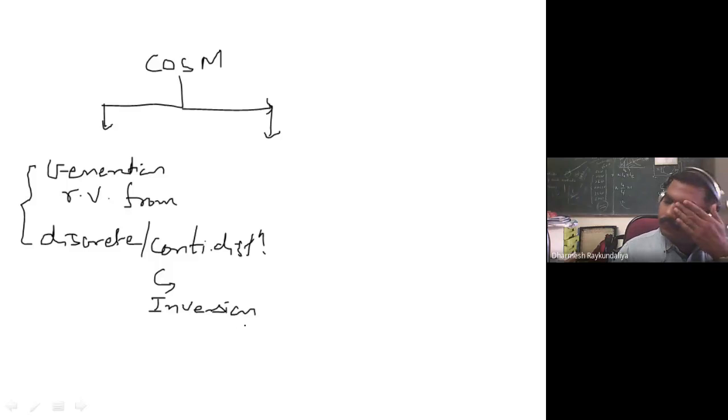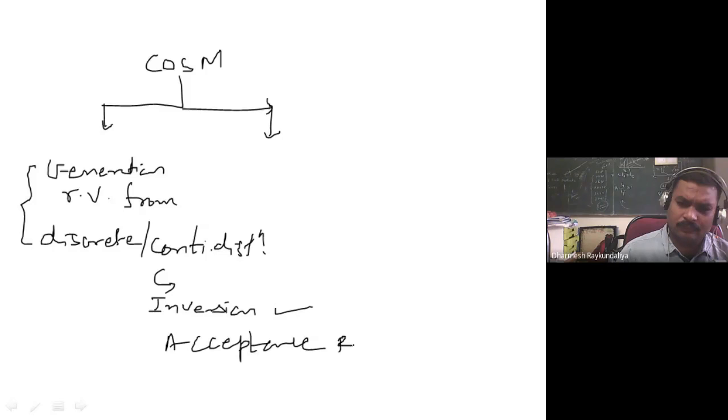Another is the acceptance rejection method, which we use when the CDF is not invertible, to generate a random number from such a distribution.